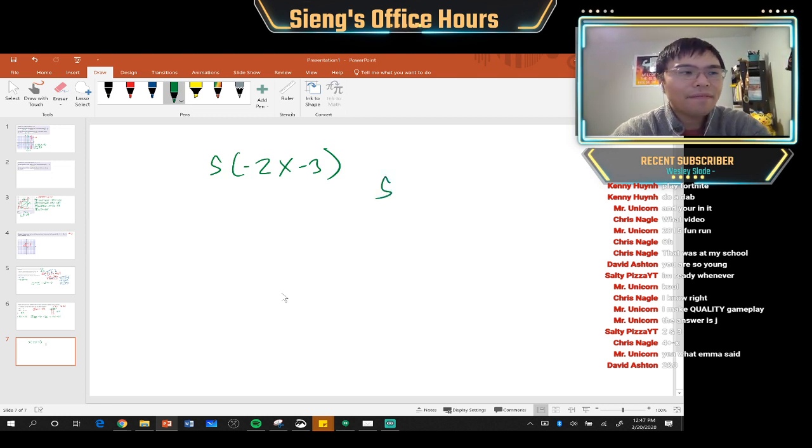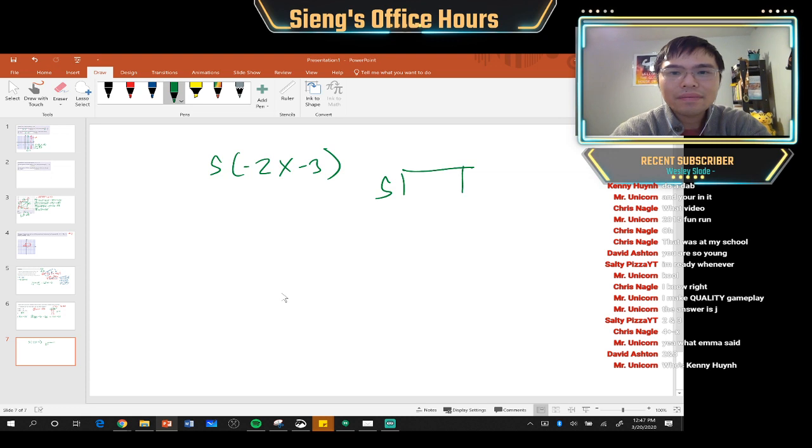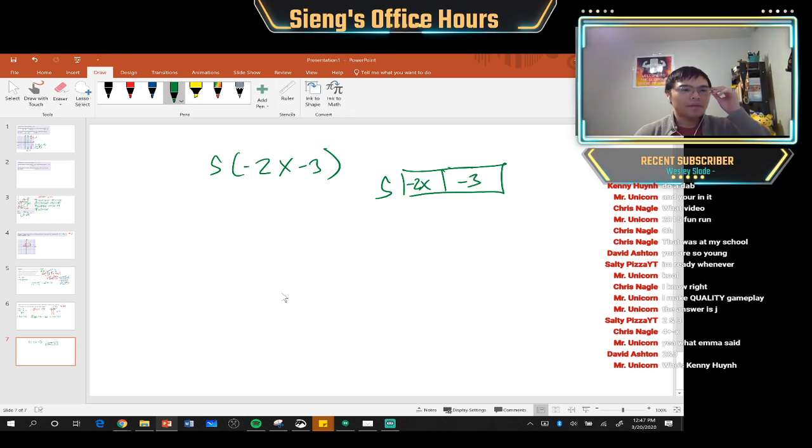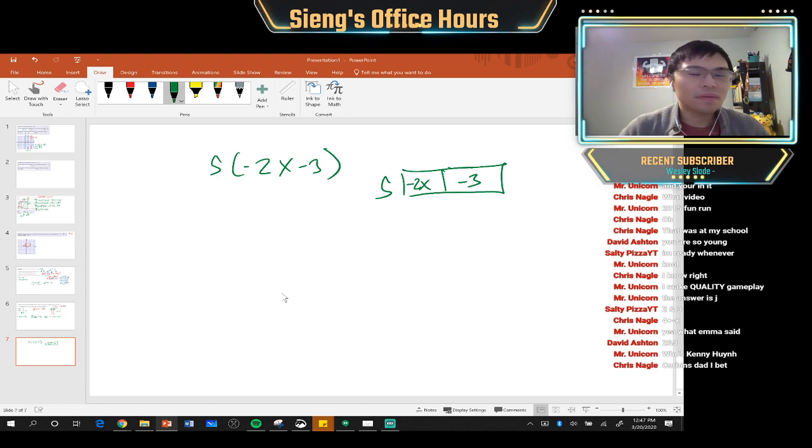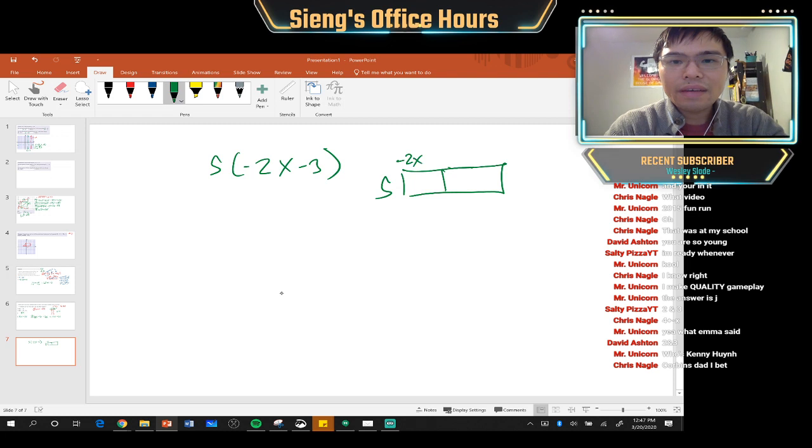I could think of this as 5 groups of negative 2x minus 3. In my box, I got negative 2x in there and then minus 3, that's simply saying negative 3. When you distribute, you have to multiply each one of those terms.